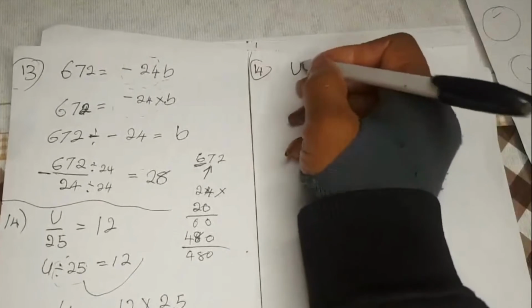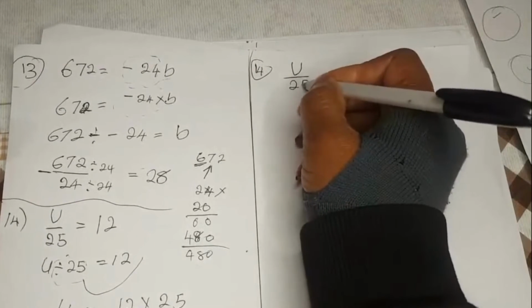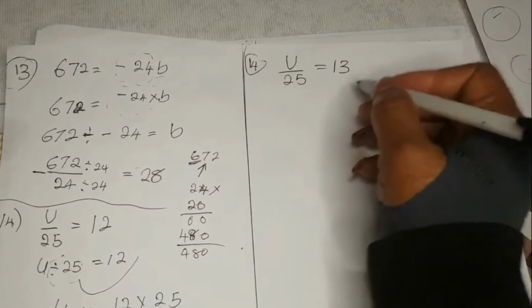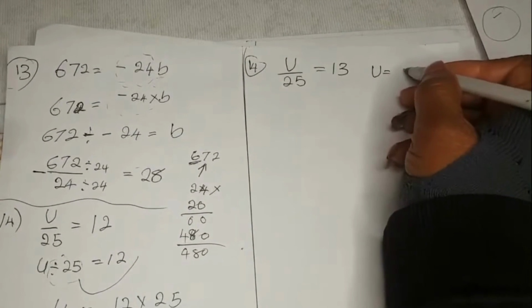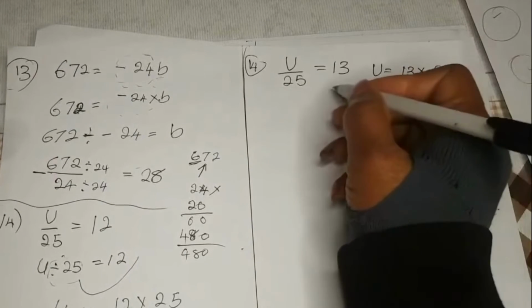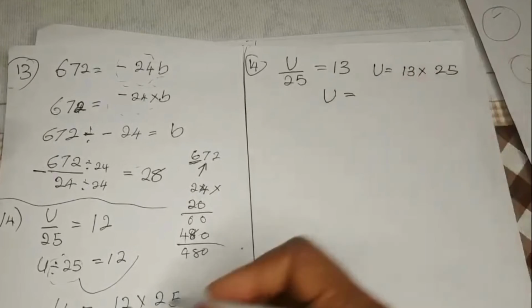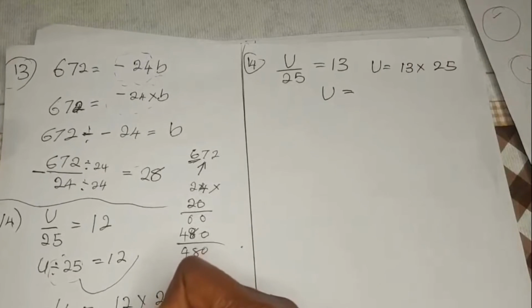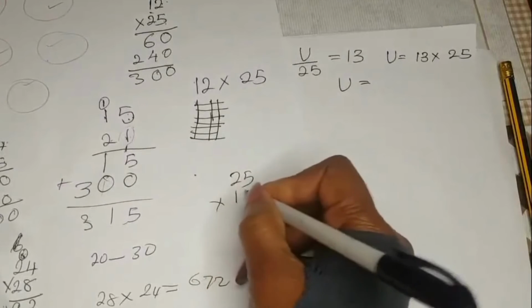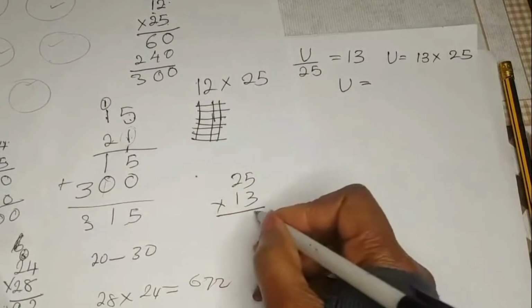Question 14. U over 25 equals 13. So basically this one means U equals 13 times 25. We're going to use long multiplication again, which is 25 times 13. 5 times 3 is 15.